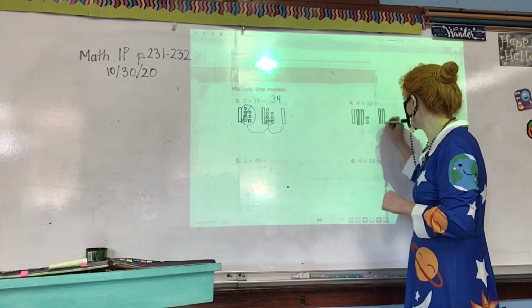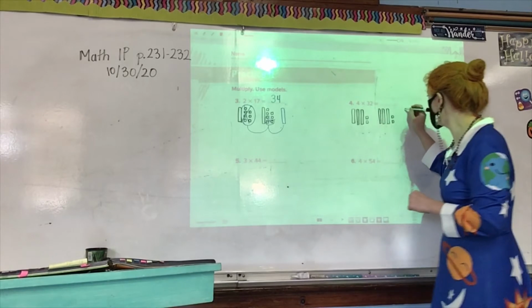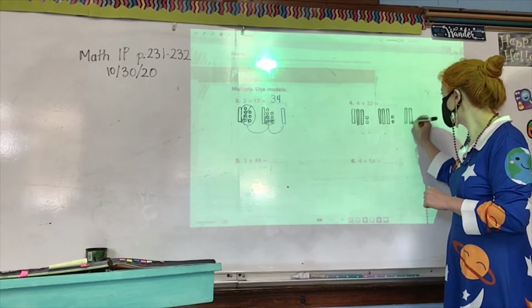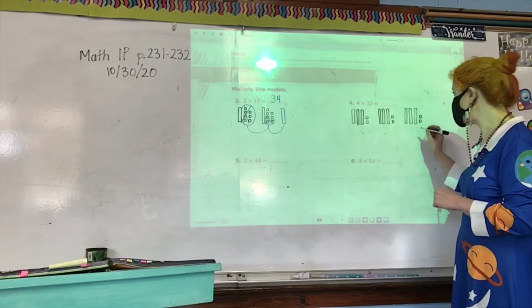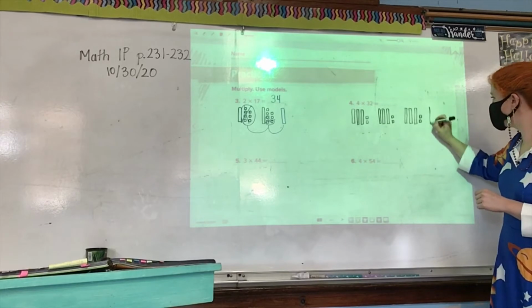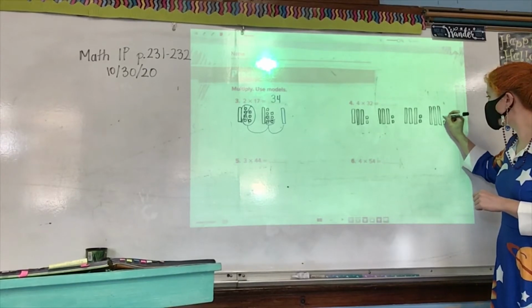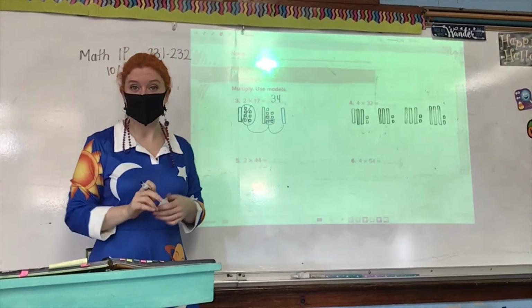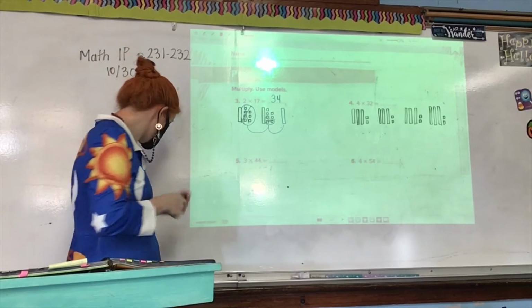So I've got 1, 2, 3, and 4. And I'm being very neat about my base 10 blocks so that I don't get them confused. Okay, so now I have modeled 4 times 32.